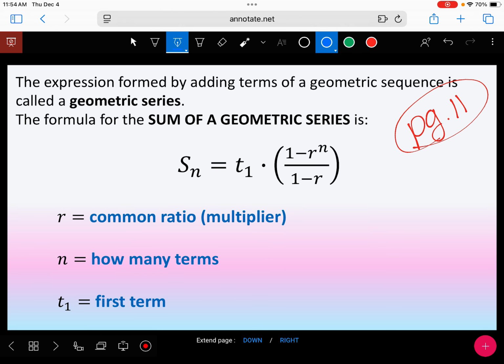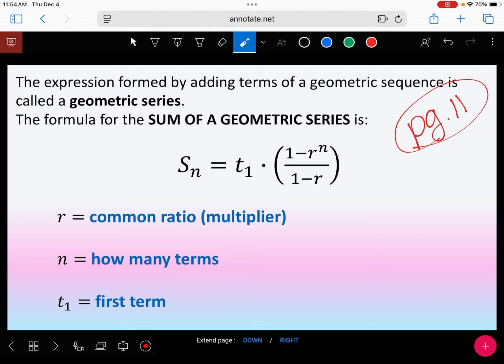Those are the 3 things that we have to know. Now, I want you to realize that this formula looks a little ugly, but it is T1 multiplied by this fraction. The fraction is 1 minus r to the power of n divided by 1 minus r.